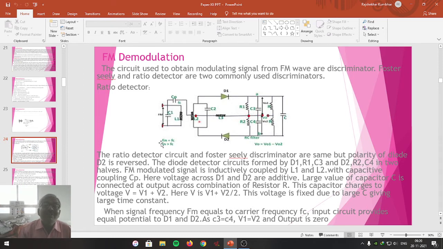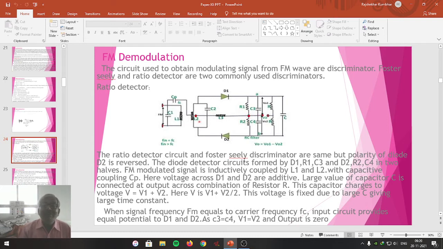And if the carrier frequency is less than the input frequency, then the circuit working is again different. So that frequency condition allows the modulating signal to be separated from the modulated wave at the output. From that aspect, we can say the ratio detector circuit and the Foster-Seeley discriminator are the same, but the polarity of the diodes D1 and D2 is opposite.